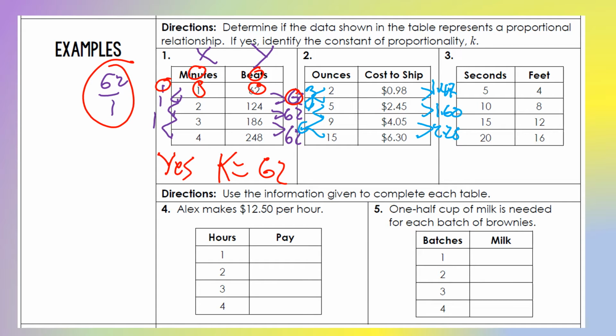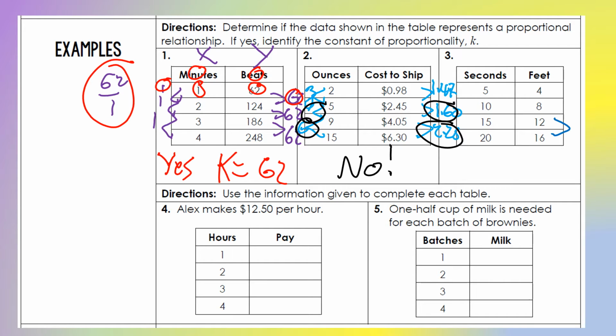I'll just start at the bottom, 225 divided by 6. And that answer should equal any of the other pairs. And when I go to do that, I see that they are not equal. So since the slope is not the same the entire time, it cannot be proportional. The answer here is a big no.